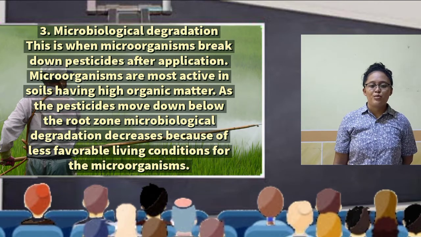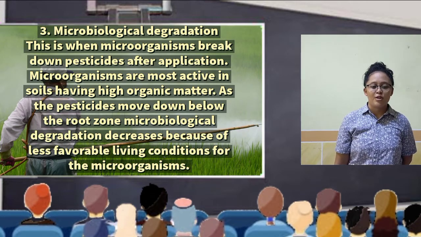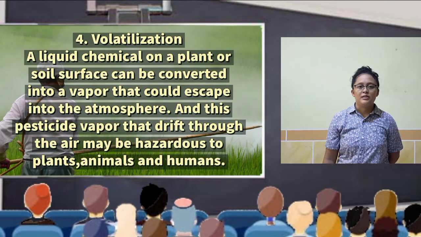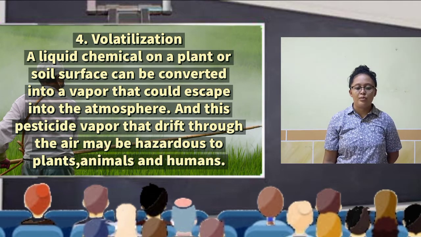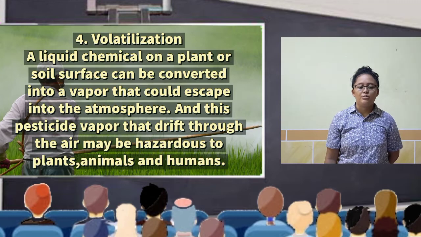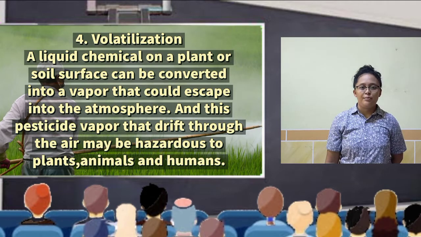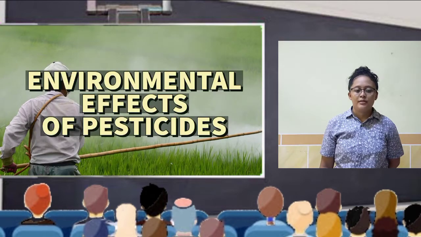As the pesticide moves down below the root zone, microbiological degradation decreases because of less favorable living conditions for the microorganisms. Lastly is volatilization. A liquid chemical on a plant or soil surface can be converted into vapor that could escape into the atmosphere. And this pesticide vapor that drifts through the air may be hazardous to plants, animals, and humans.